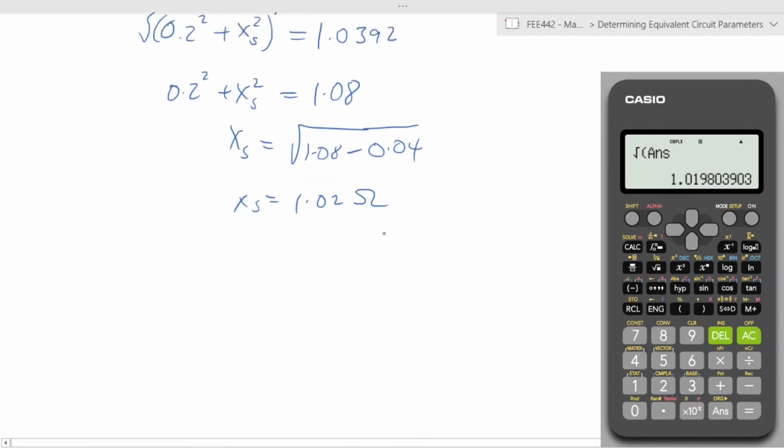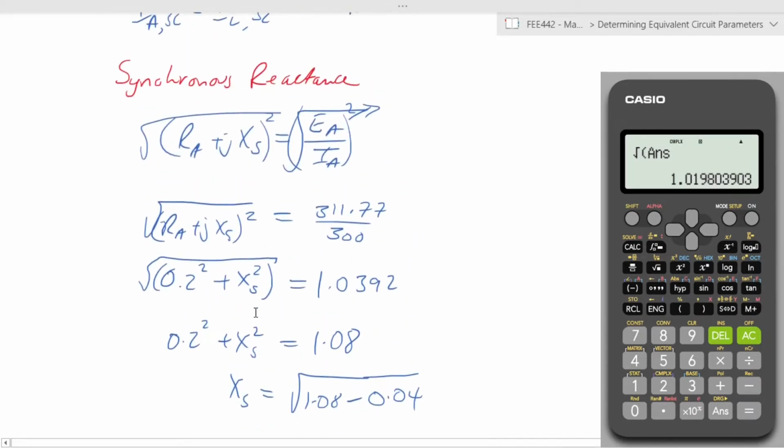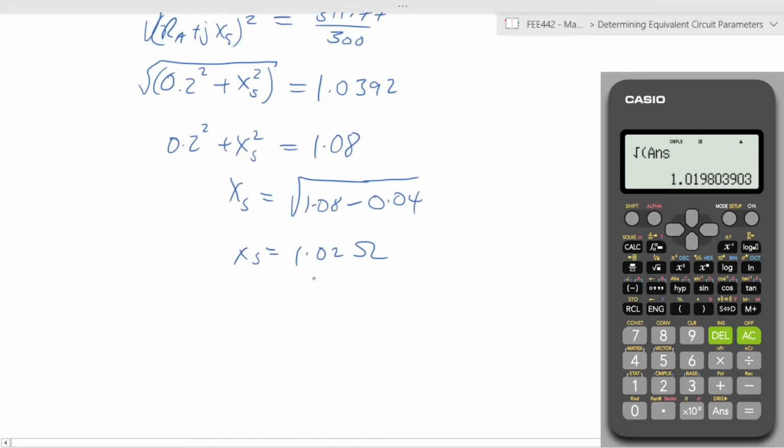Okay. Now, one thing about synchronous reactance, because it is so much larger than the RA, 1.02 compared to 0.2, when we are subtracting here, you can see that the difference is very, very small.